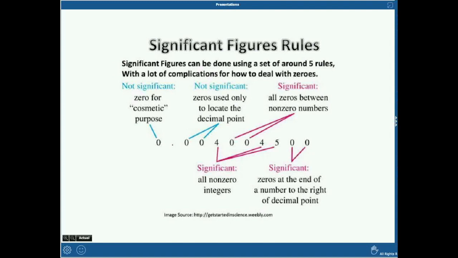Now, Sig Figs are kind of tricky. And they're tricky because there seem to be a lot of rules. This says around 5 rules, but it seems to be a lot more when you think about it. And there seem to be all these special cases. Honestly, after we get out of this unit, we're really not going to mess with Sig Figs anymore.